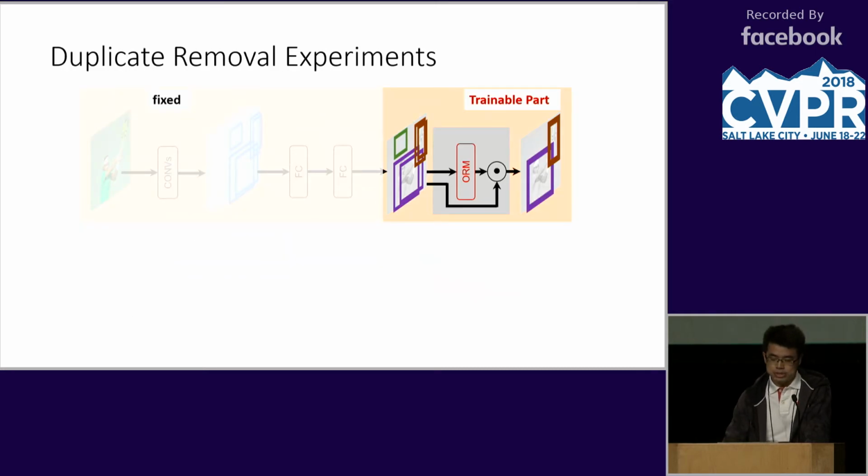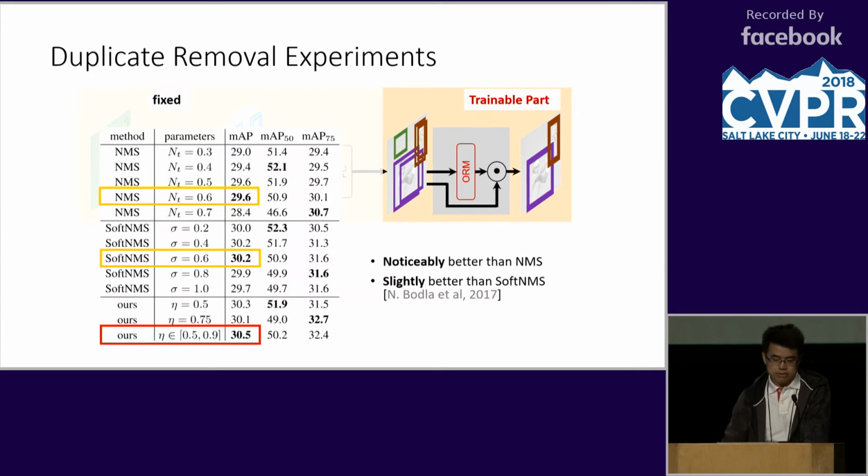Next, we show results for duplicate removal. For all these experiments, we assume a standard Fast R-CNN model has been trained. All these methods use the same output of this Fast R-CNN model as input. We can see from this table that our method is noticeably better than the NMS method and slightly better than the soft NMS method.